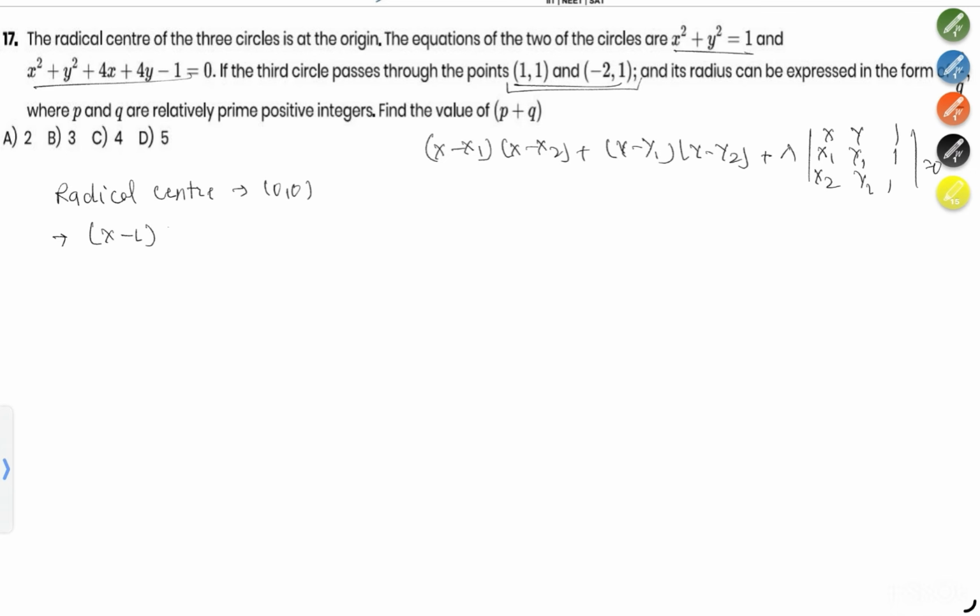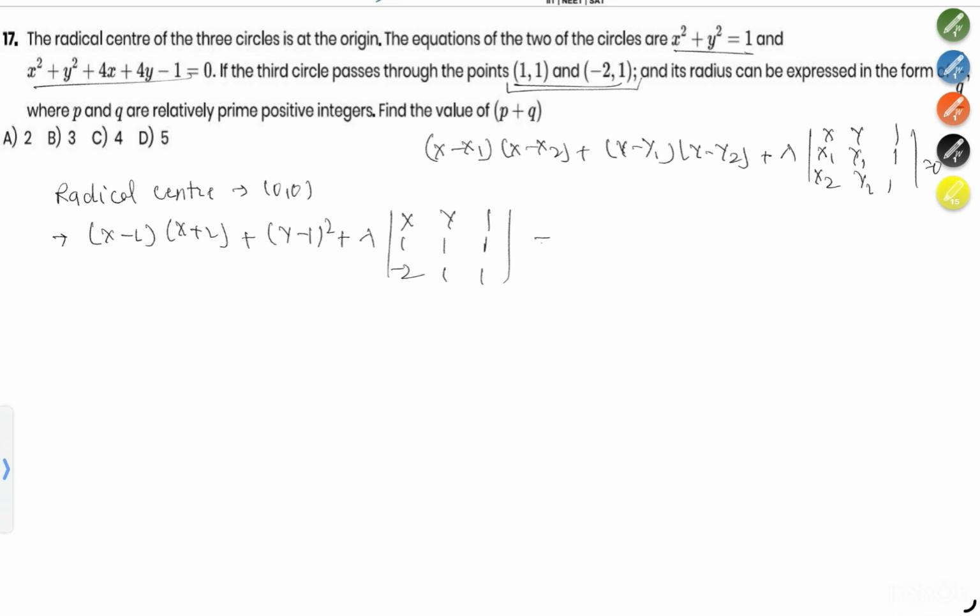So simplify it. So we have (x minus 1)(x plus 2) plus (y minus 1) whole square plus lambda times the determinant of x, y and 1. This will become 1, 1, 0, minus 2, 1, 1. Oh, sorry, this is 1.